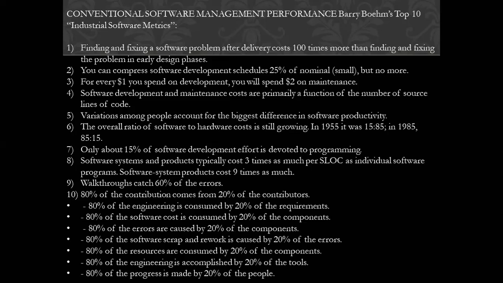I'm talking about point 6 over here, and the ratio of software to hardware was 15 to 85, in which the money spent on software was very little. But in 1985 it became exactly the opposite. In this way, the transition into software technology is quick over time, and still it is growing. We are technologically so advanced in the world right now that the world is continuously giving more and more latest technologies, and it is increasing, not year by year, but day by day.